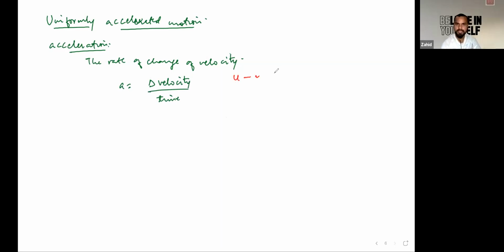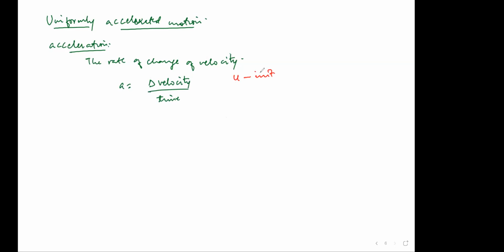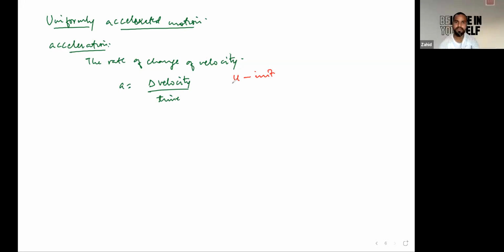Let's say u is initial velocity, meaning velocity of body at t equal to 0, or a starting velocity.